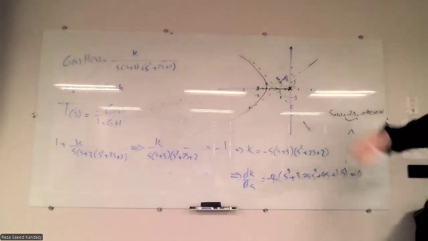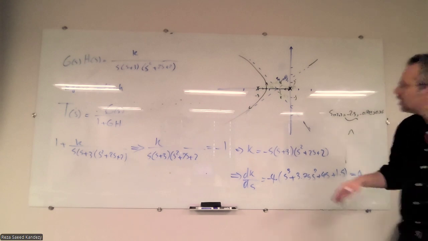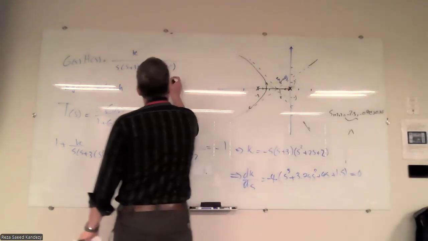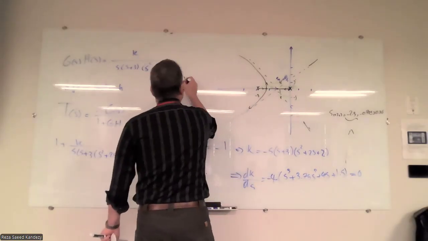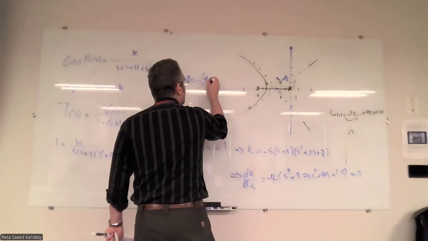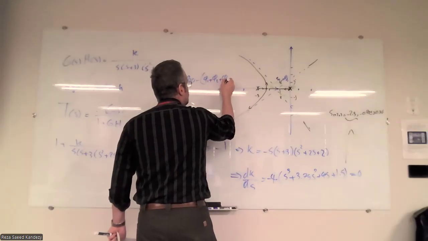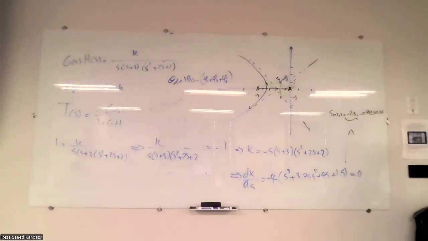Now, the summation of these should be 180. Are we good? That means the theta d is going to be 180 minus phi1 plus phi2 plus phi3. And that way we can find the departure angle.